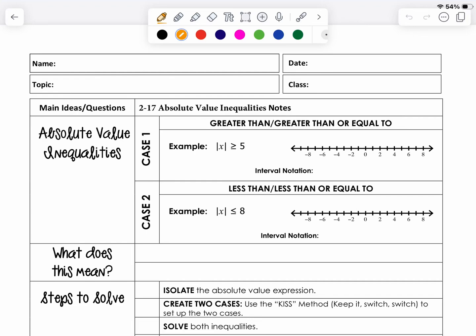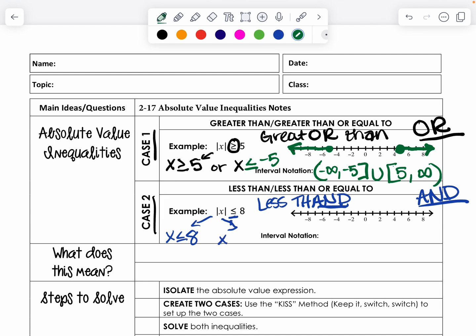Then my other one, I'm going to do x, flip the sign, greater than or equal to -8. So when I go to graph, we have -8, x is going to be greater than, so we're going to shade this way. 8, x is going to be less than, so we're going to shade this way. So it is an and statement. We write it in interval notation: -8, comma 8.